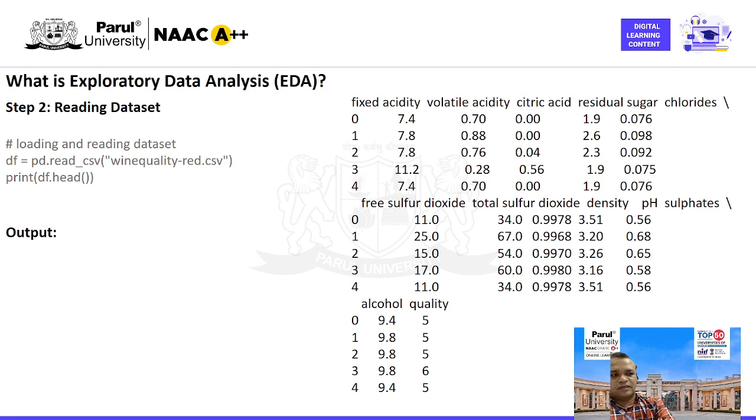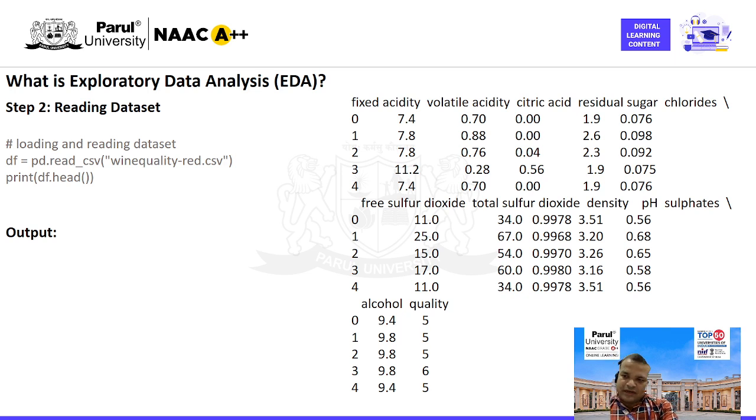Along with this, we give the path where we stored the data set on our PC. Here we write directly winequality-red.csv. Whatever path where you saved your data set, you can give that path here, as we discussed in our previous examples also.